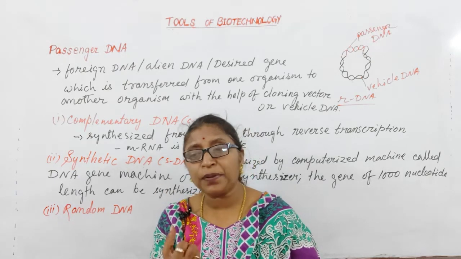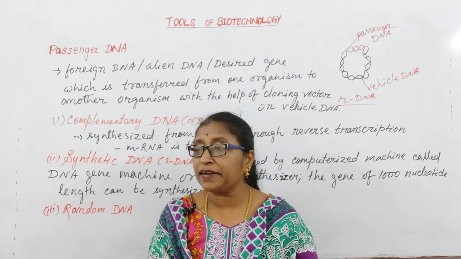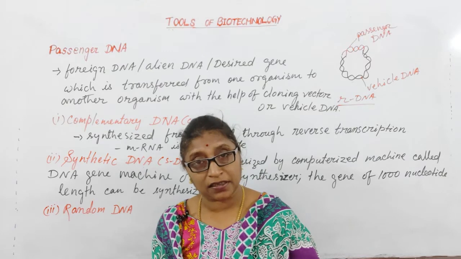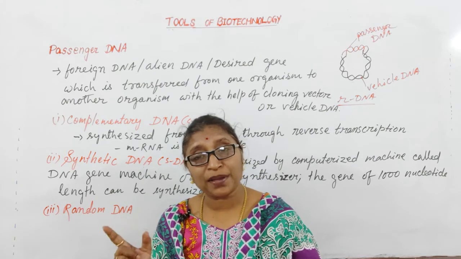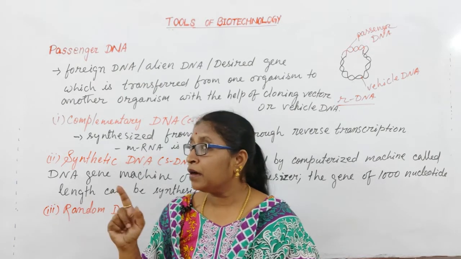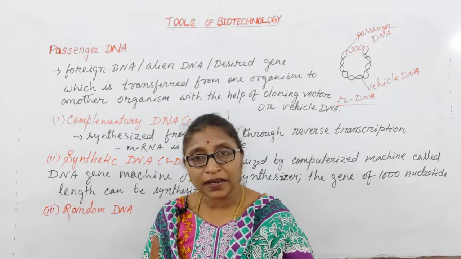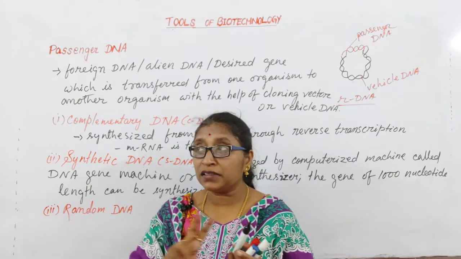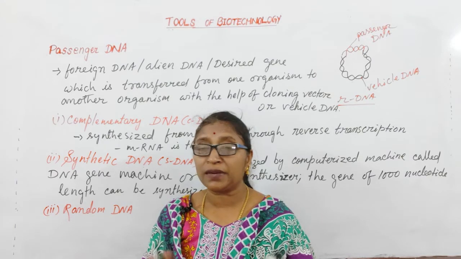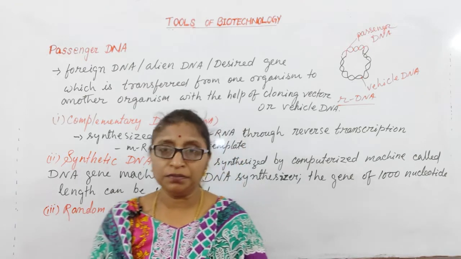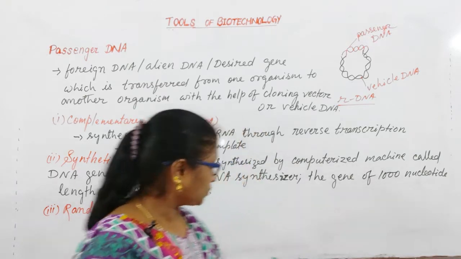It can be collected by the gel electrophoresis method. We will discuss the gel electrophoresis method in the steps of biotechnology. They can be segregated, and by the blotting method they can be collected.